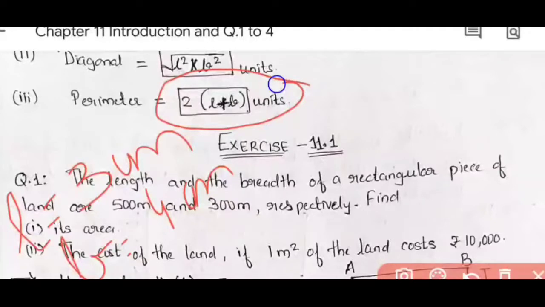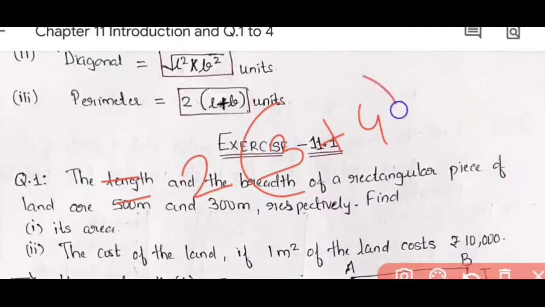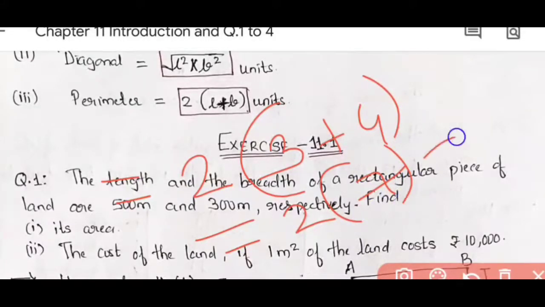If L is 3 and breadth is 4, you will write perimeter is equal to 2 into bracket 3 plus 4, is equal to 2 into 7, is equal to 14. 7 2s are 14, and if it is centimeter, you will write centimeter. If it is meter, you will write 14 meter. If it is units, you will write 14 units.